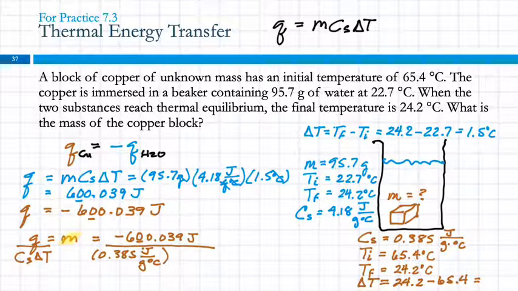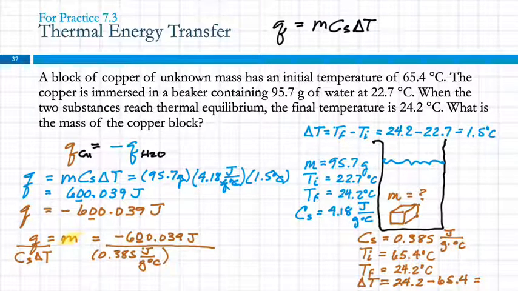Yeah? When we look up the specific heat capacity, it's going to have the units always with it, right? Yes. When you look up specific heat capacity, the table should show you the units. If you look it up in the textbook, it's showing you joules per gram degree Celsius, which is generally convenient for what you need.